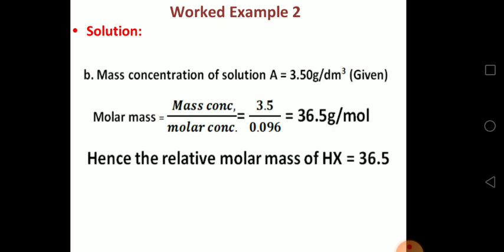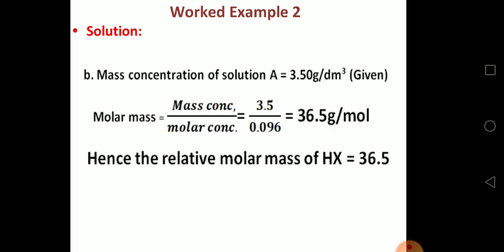And since we know the mass concentration that has been given to us in the question, then we divide by the molar concentration, and that will give us 36.5 gram per mole. Hence, the relative molar mass of HS is 36.5, and it is obvious that HS is hydrochloric acid, because if you find the value of X, you discover that the value of X is 35.5, which is chlorine. So HS is hydrochloric acid.